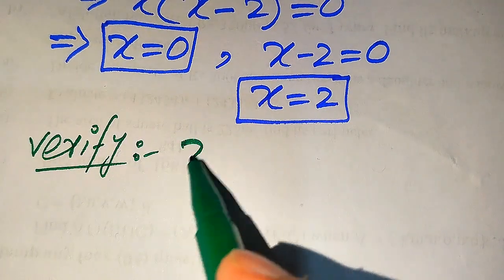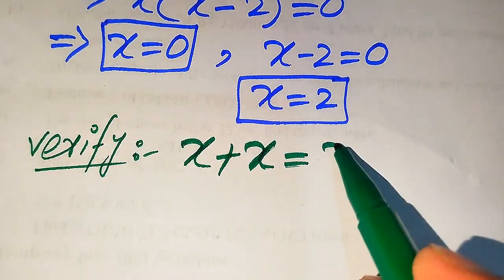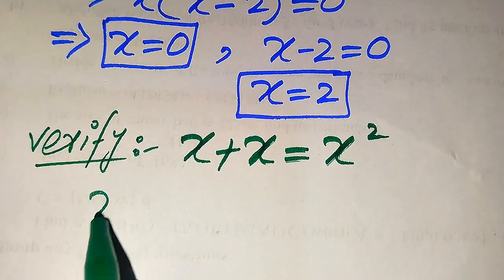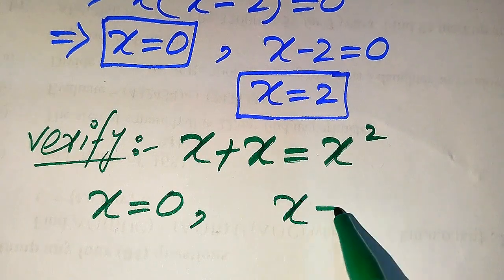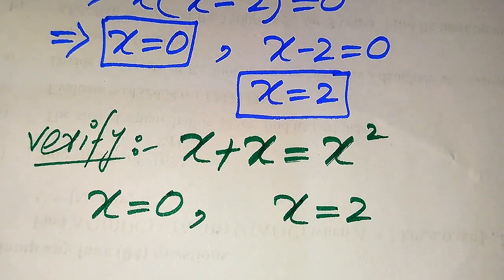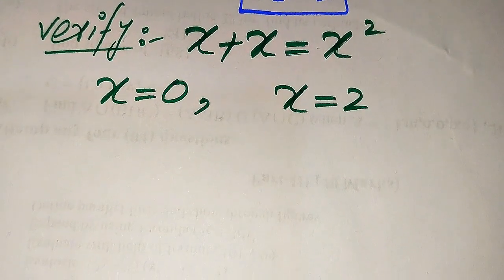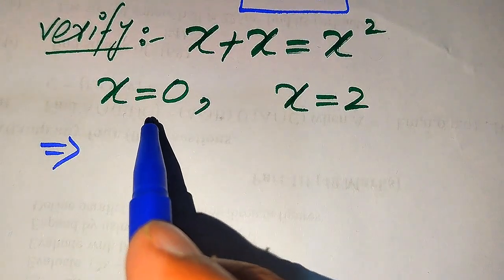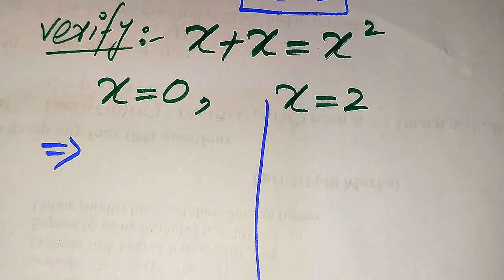For this we copy down the given question statement: x plus x is equal to x square. On this side we verify x is equal to 0, and on this side we verify x is equal to 2. We substitute this value of x on both sides and check its behavior.